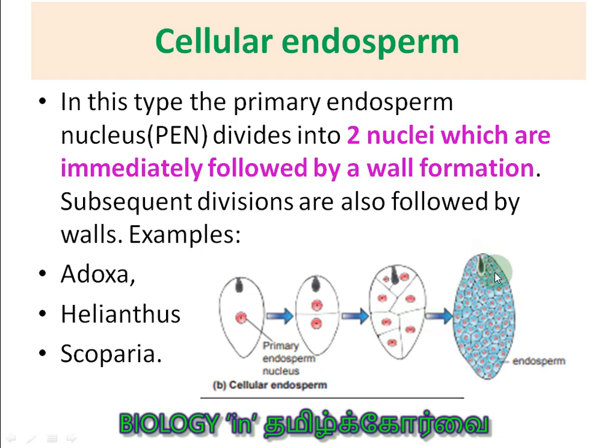At the end, this is the end product of cellular endosperm, where you can see the cells. The entire endosperm is made up of cells. There we have seen nuclei floating at the center, but here only cells are present. Examples: Adoxa, Helianthus, Scoparia. These are the three examples for cellular endosperm.